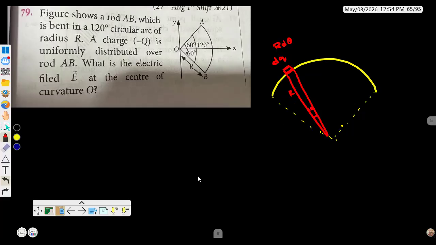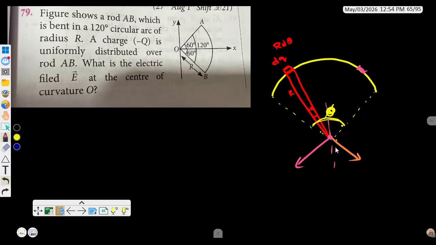So this dq will be putting field in this direction at the center. Let us suppose this total angle is phi. Exactly in a similar way, on the other side we have another dq charge which is going to put field in this direction. So what would happen?